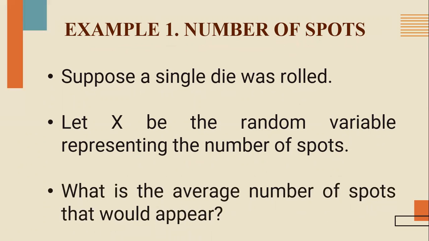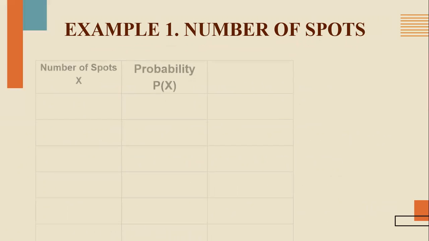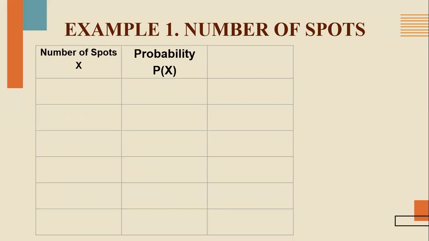We will now solve for the average, or the mean, number of spots that would appear. First, we will identify x, or the number of spots. In a single die, we have 1, 2, 3, 4, 5, and 6. These are all the numbers in a die.